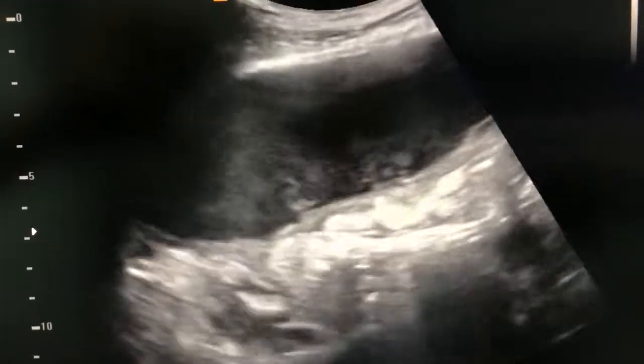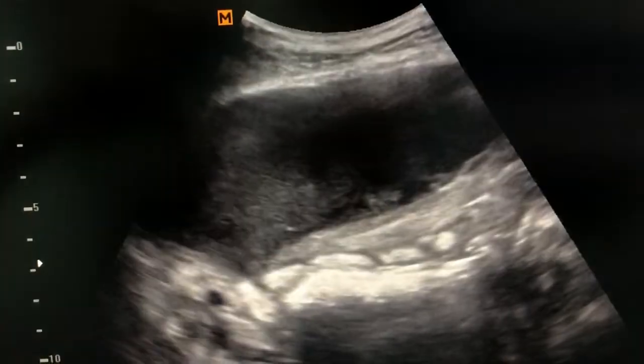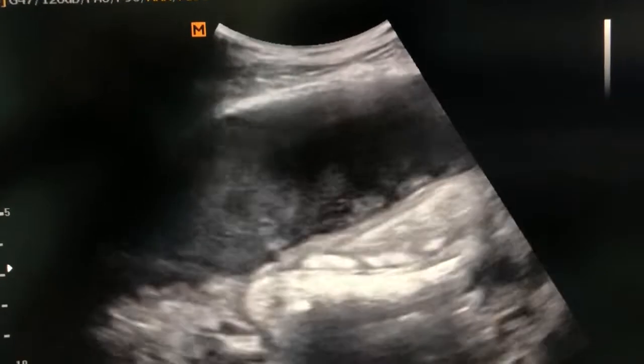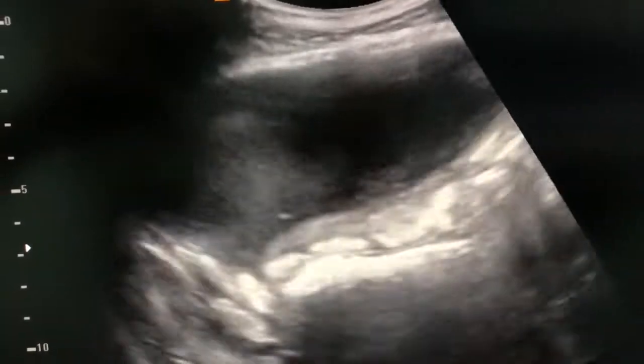A 25-year-old female complaining of severe pain in the pelvic region since just 2 days, and the pain was excruciating, severe pain.